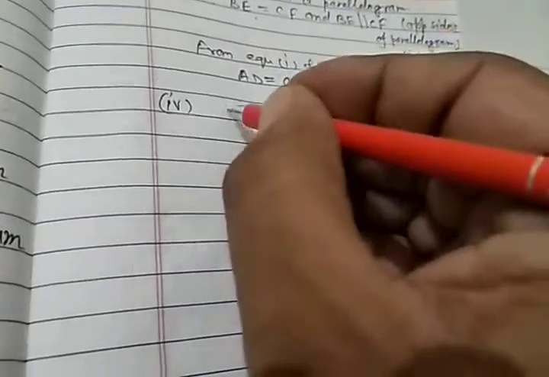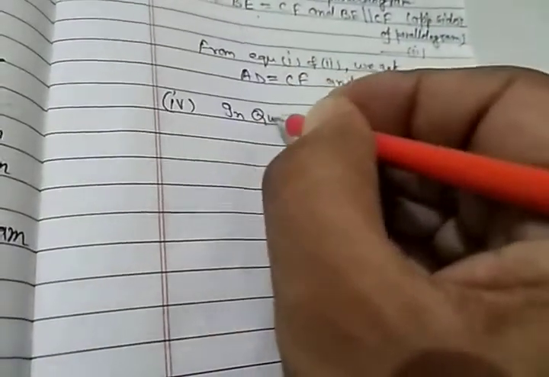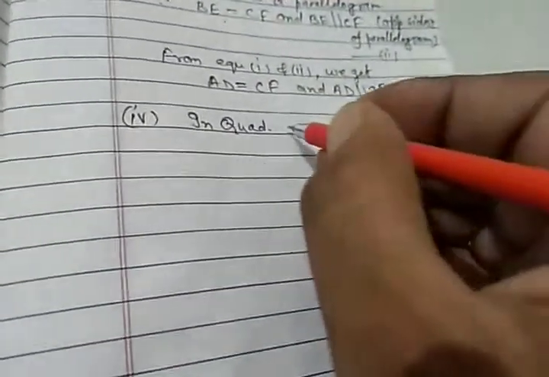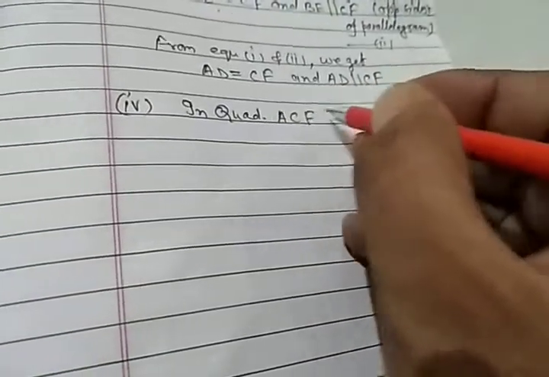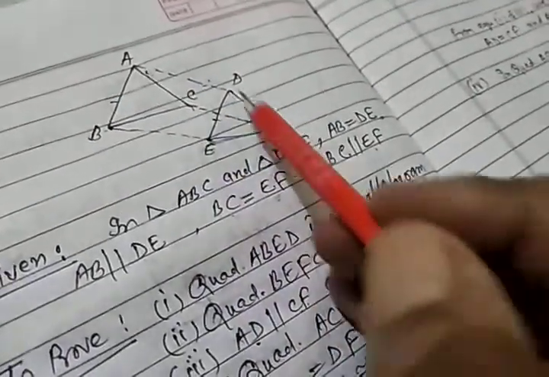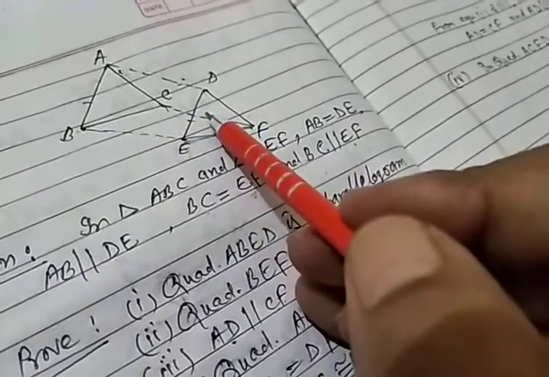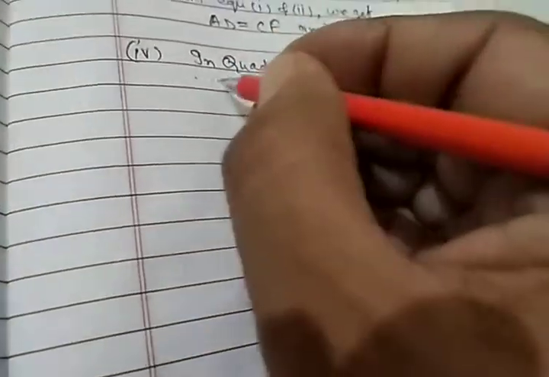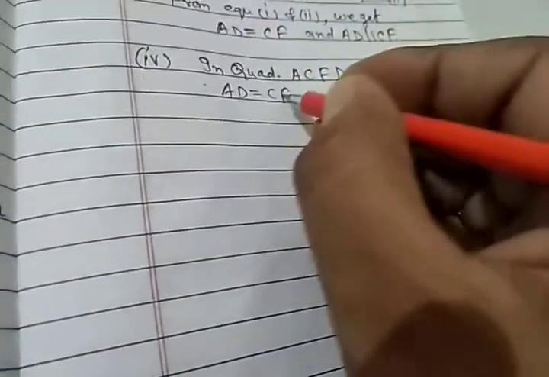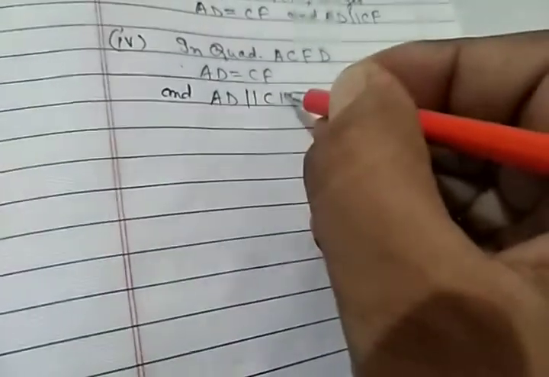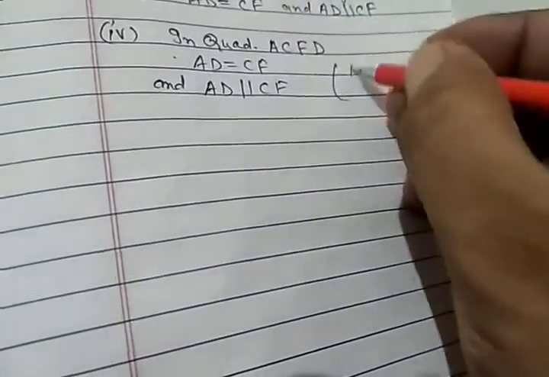In quadrilateral ACFD, see from figure, we have proved AD equal CF and AD parallel CF, proved above.